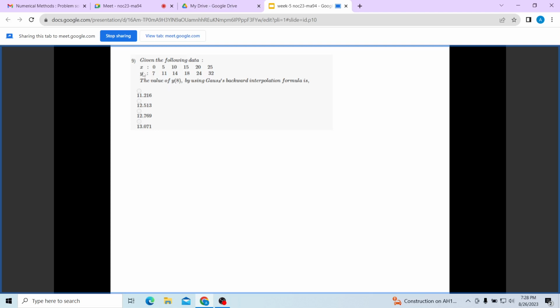Okay, here you have been given x0 as 0, x1 as 5, x2 as 10, x3 as 15, x4 as 20, x5 as 25. And corresponding to that, you have y0 as 7, y1 is 11, y2 is 14, y3 is 18, y4 is 24, and y5 is 32. Okay, so now calculate the value of y at x is equal to 8.